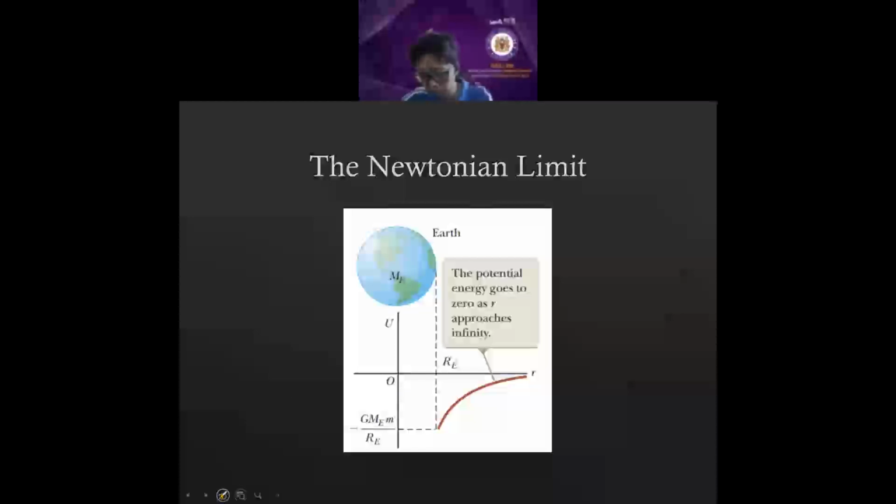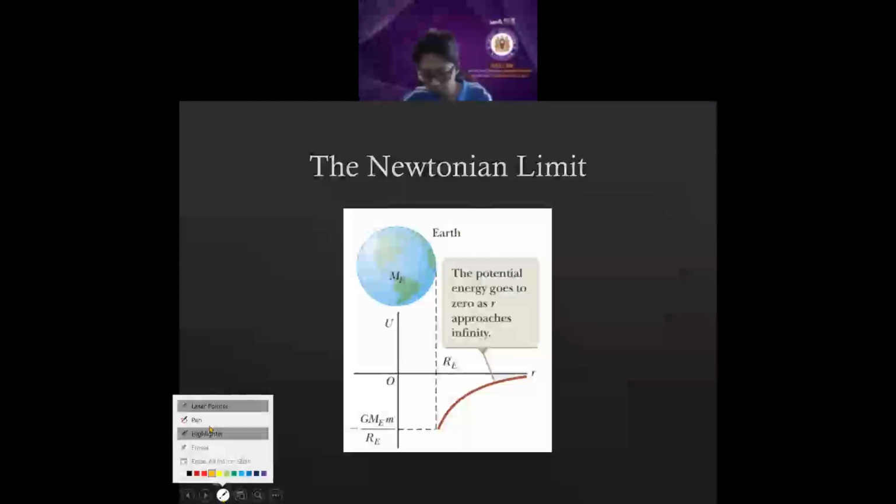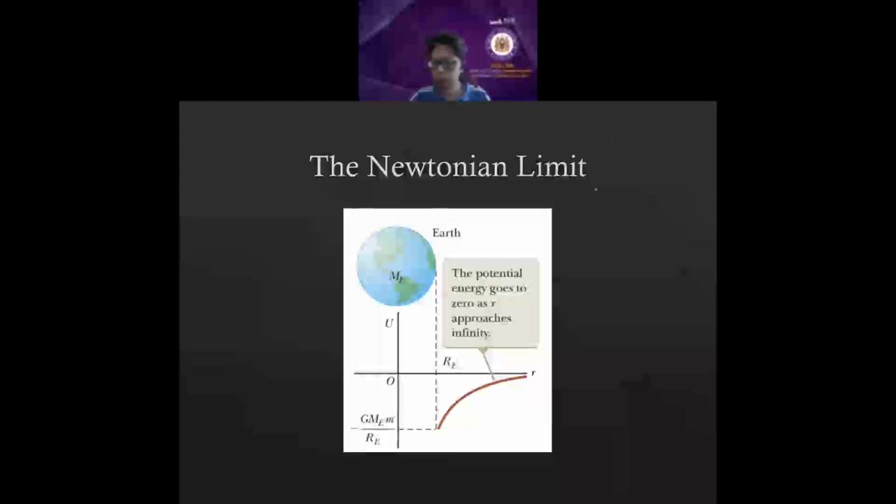We often use the letter U to indicate it, and we know that the gravitational potential energy outside the Earth is given by GmM over R.